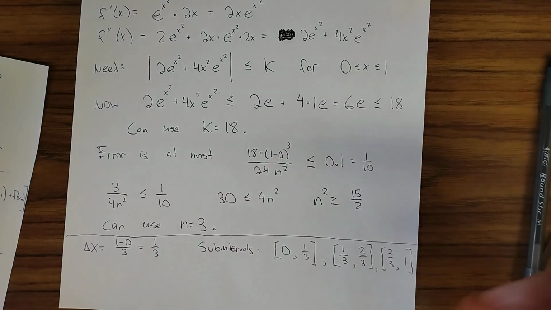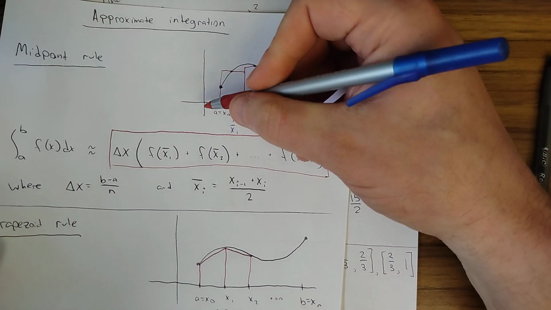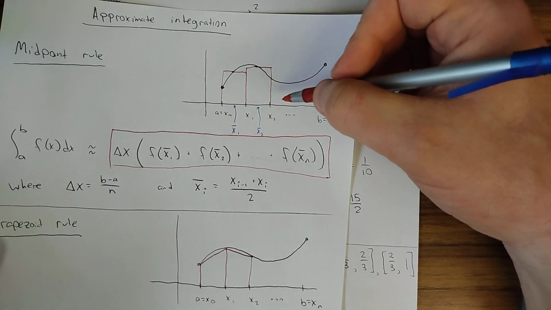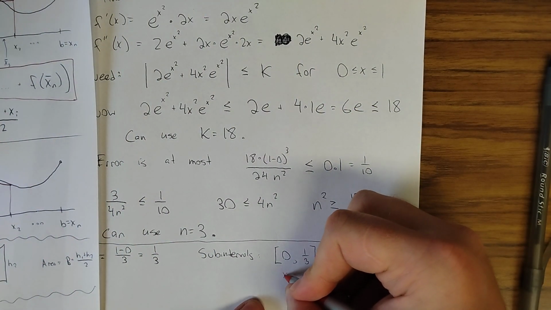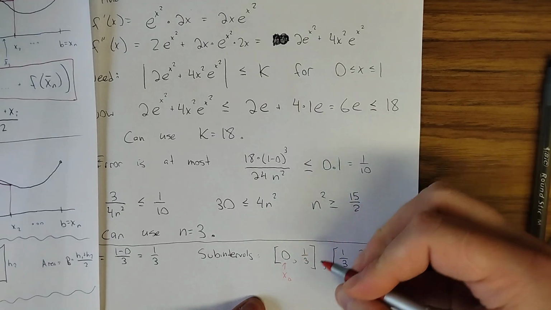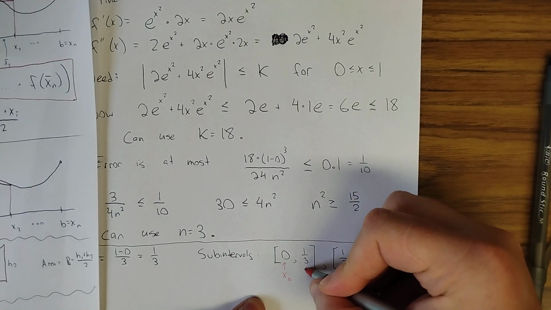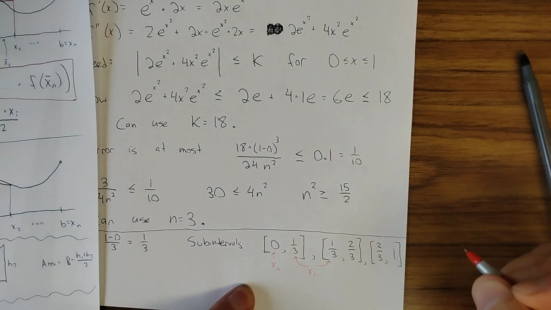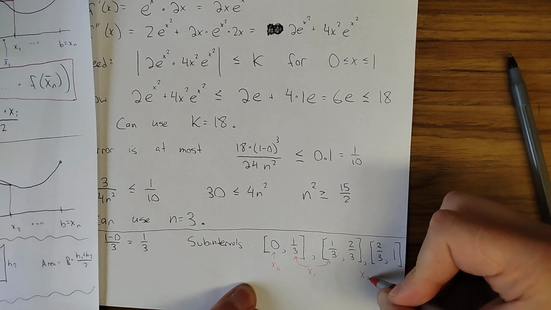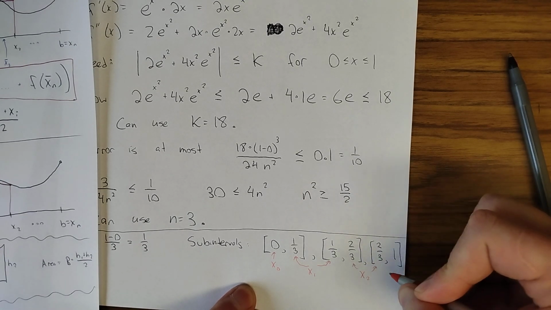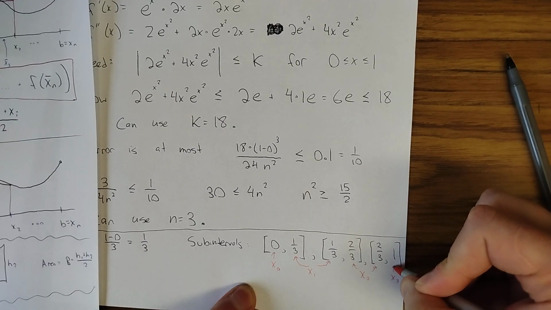By the way, in this terminology, this is my x0, this is my x1, of course it shows up in 2 spots, this is my x2, and this is my x3.